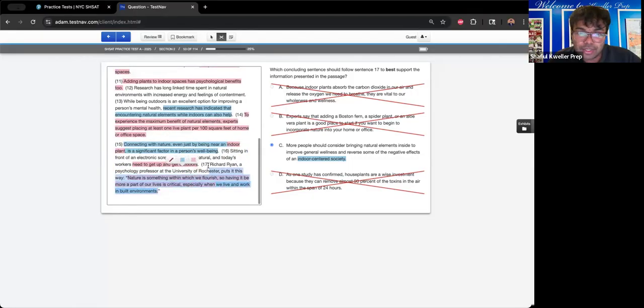The general idea that you end off with after 17 is that people should try to incorporate plants to improve wellness and reverse some of the negative effects of an indoor-centered society. Here they're not even focusing on the plants now, they're just focusing on how incorporating plants is going to help us as a society. So you always start the passage and end the passage with this general idea. If that makes sense to everyone, hopefully. But I think the answer should be C.